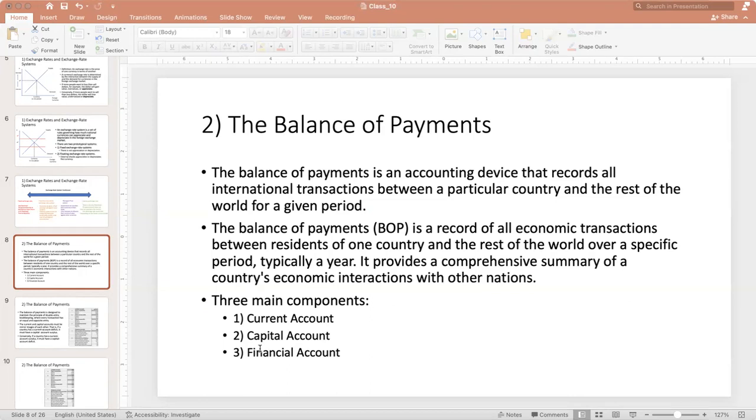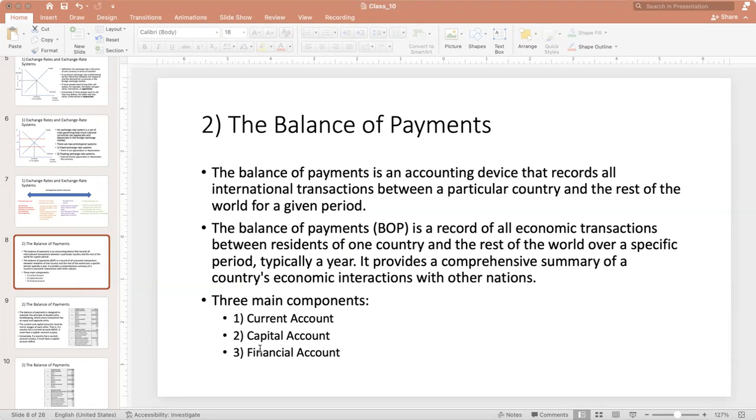The second component is the capital account, which records capital transfers and the acquisition or disposal of non-financial assets. It includes transactions related to the purchase or sale of fixed assets, transfer of ownership rights, and debt forgiveness.